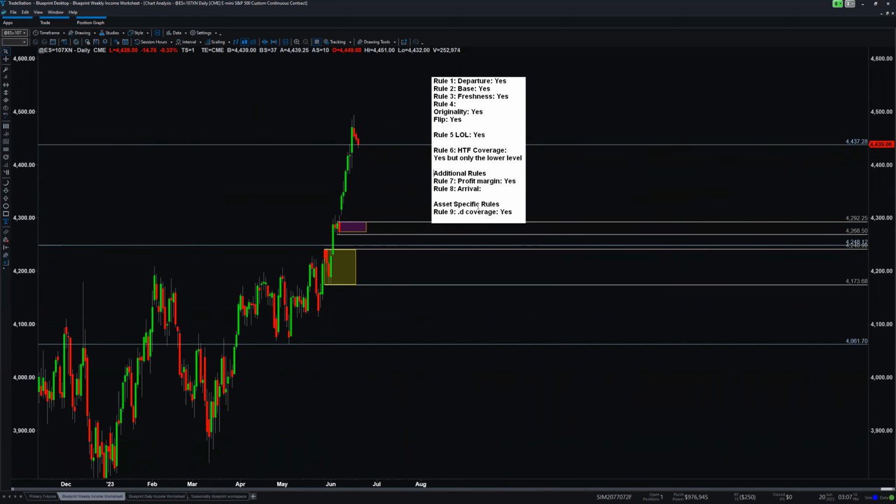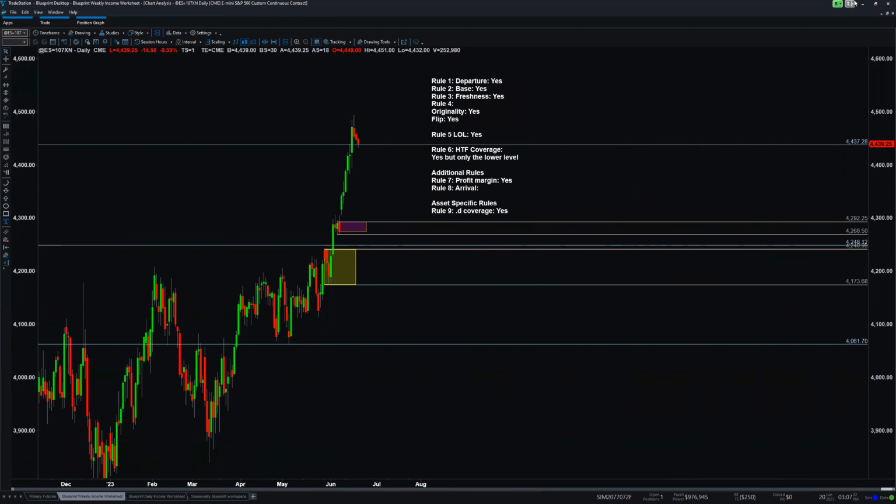Arrival we can't test yet. Now .D coverage, something that we need to test now. .D coverage.